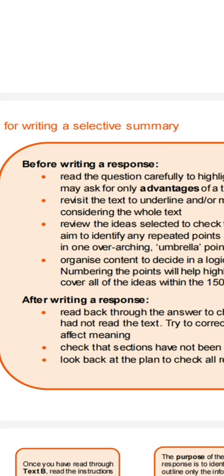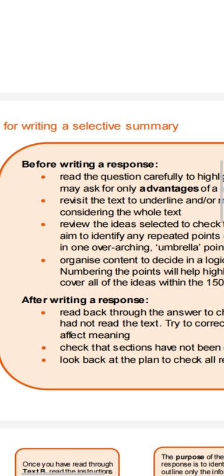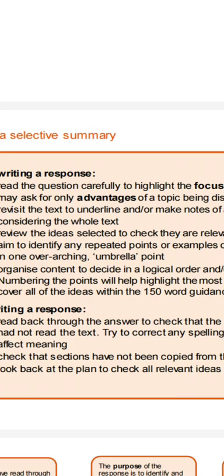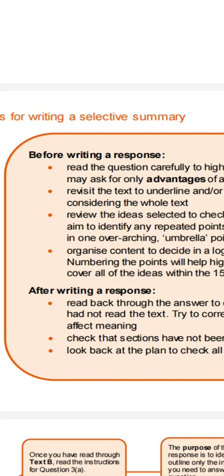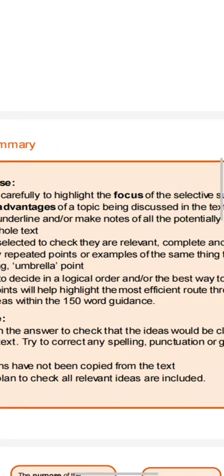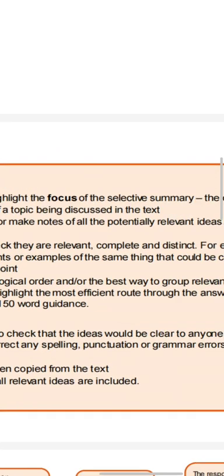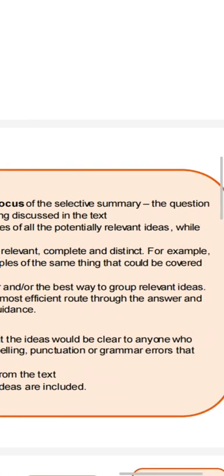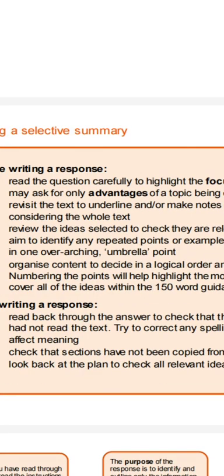The next thing is to revisit the text to underline, which means select the notes, take out the points, and review the ideas selected to check that they are relevant, complete and distinct. For example, aim to identify any repeated points. So once you have selected the points, check them again to see if you have repeated any point.